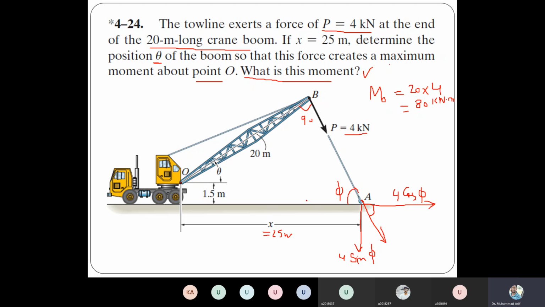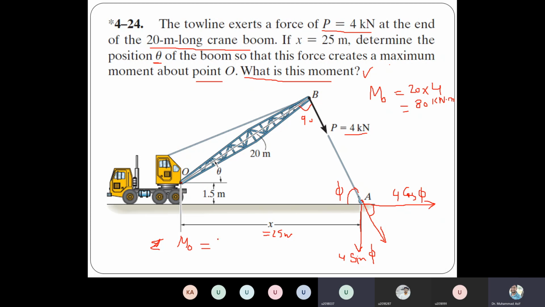We know the value of the moment about O is 80. So let's take the moment about O. Because of these two components, what will be the moment arm for 4 cos phi about O? 1.5.